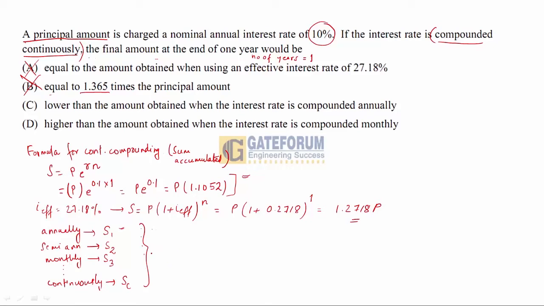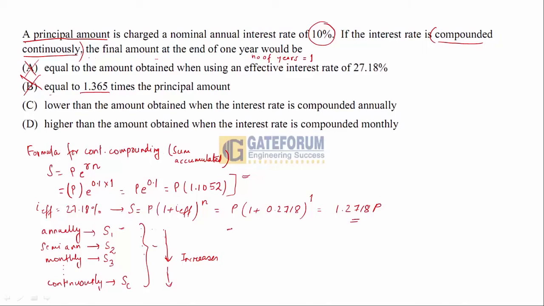When the compounding is monthly, the number of periods is 12. So what I am trying to say is that when we are increasing the interest periods, the sum also increases. Whatever sum we will be getting at the end of the year also increases.